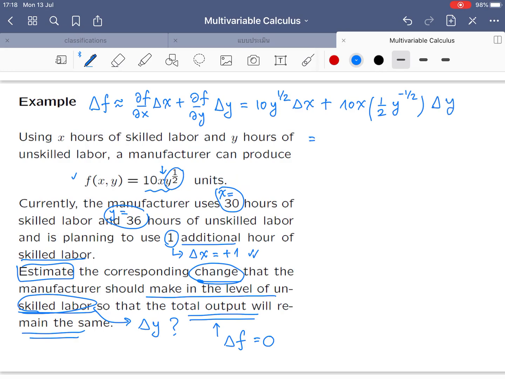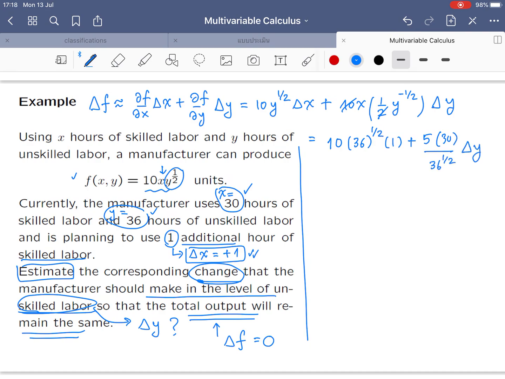So what is your x right now? Your x right now is 30, so you got a 10, and your y is 36, so y is 36 raised to the power 1/2, and your increment delta x is a positive 1. And this one is actually a 5, and x is 30, y is 36 raised to the power 1/2.